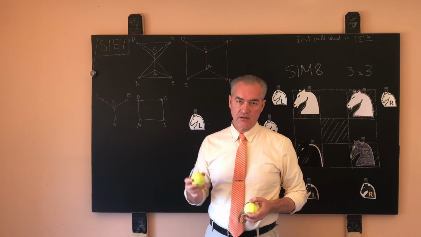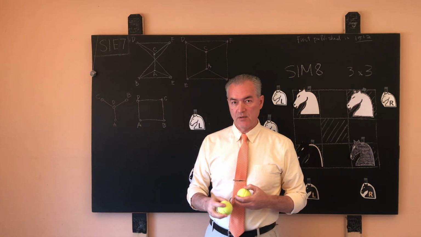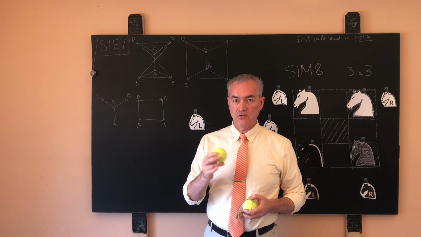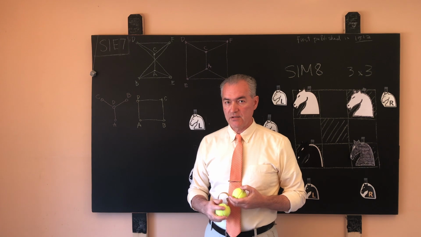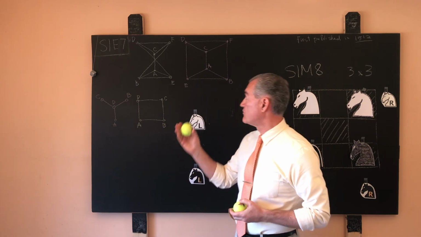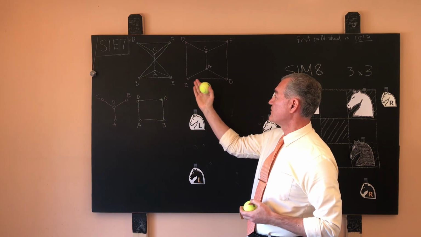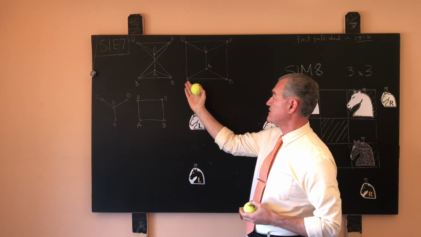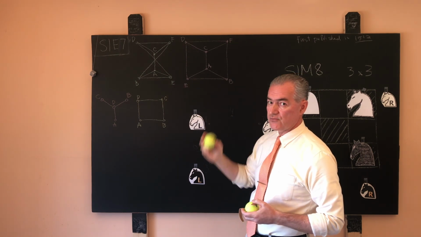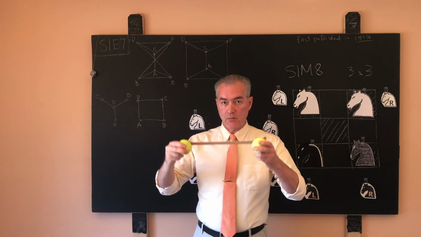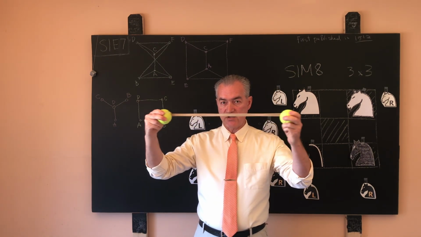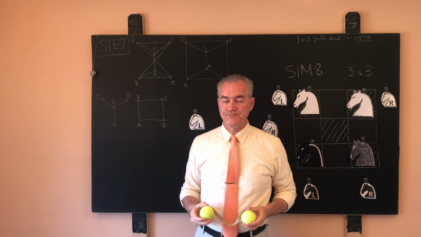It doesn't really matter. A small round object becomes a model of a node or a model of a vertex of a graph, and the model of an edge of a graph, such as the line segment that connects vertices E and B over here, for example, becomes a string or a rubber band that can be stretched and contracted.